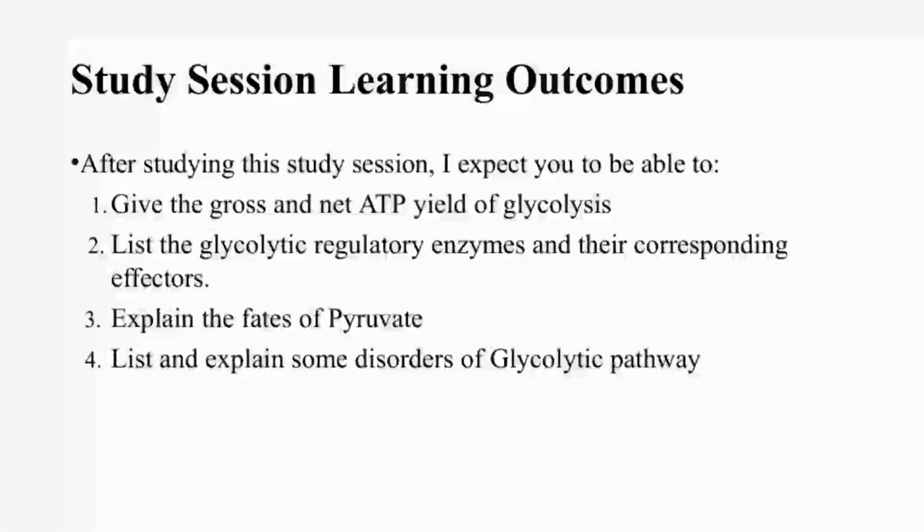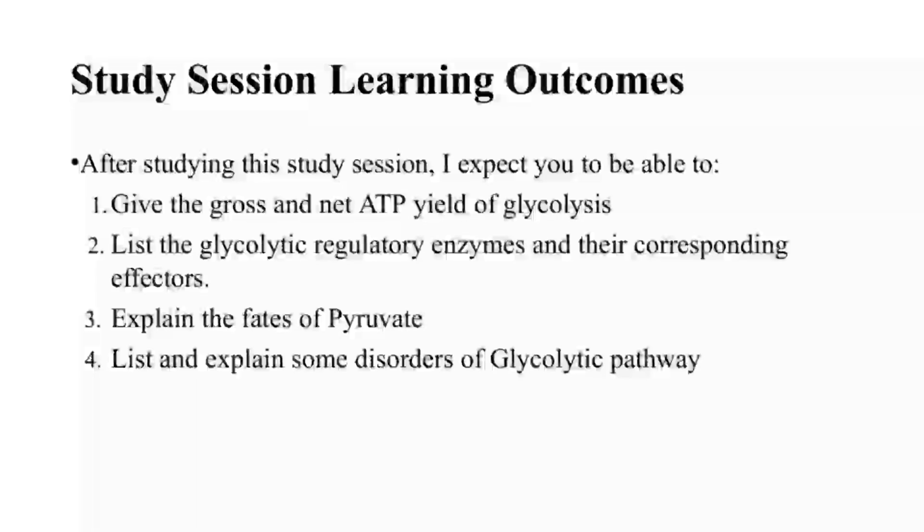Additionally, I want you to be able to explain the different fates of pyruvate, whether it enters the mitochondria for further oxidation or is converted into other compounds. We'll also cover some disorders of the glycolytic pathway, so you can appreciate how disruptions can lead to metabolic issues. Overall, these learning outcomes will give you a solid understanding of glycolysis, its regulation, and its clinical relevance.